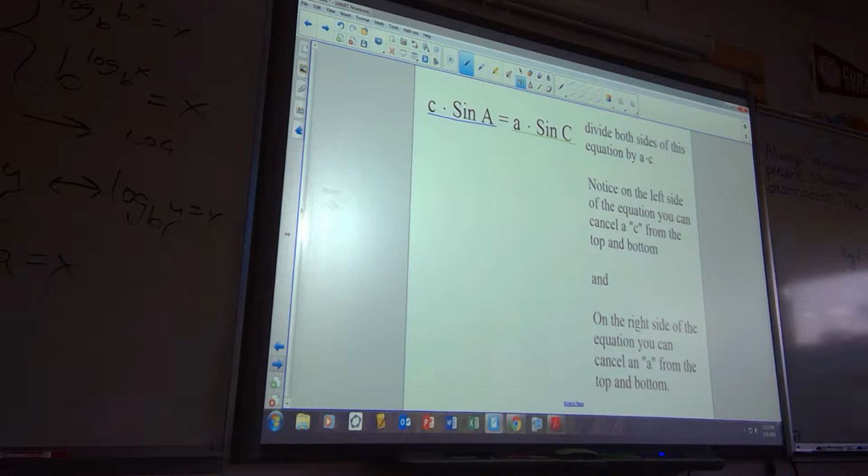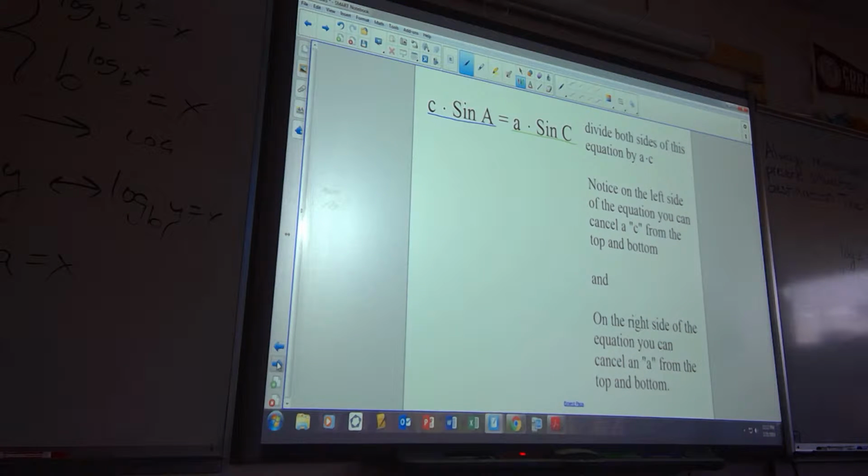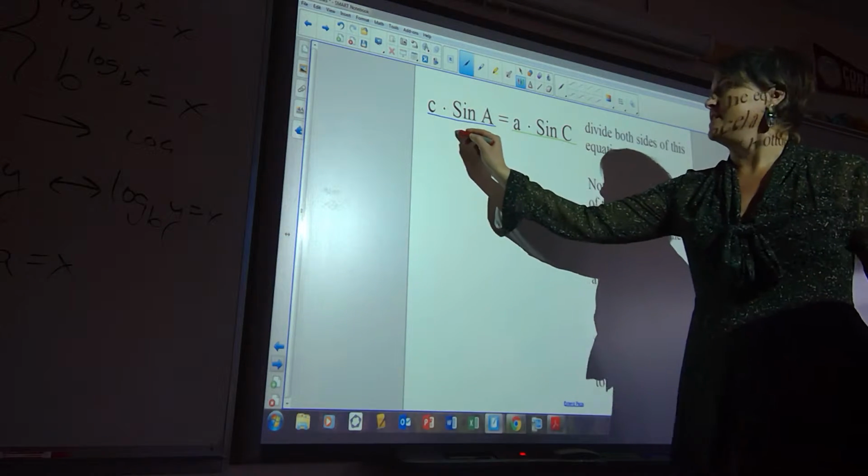But what we like to do is rearrange it in a way that's easy to remember. I'm not asking you to derive it, but if you decide to become a mathematician and make up your own formula, you might wish to consider dividing it by AC.